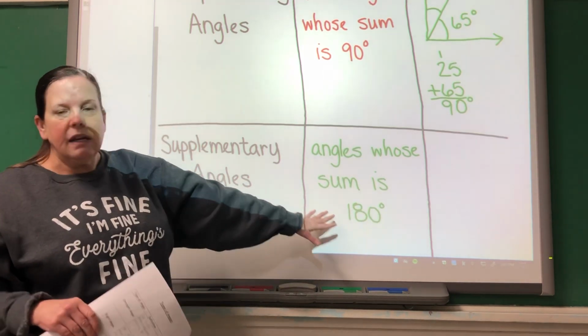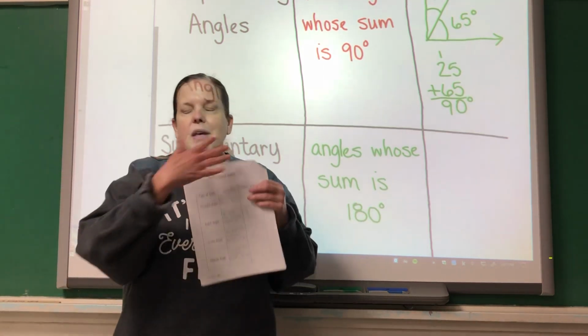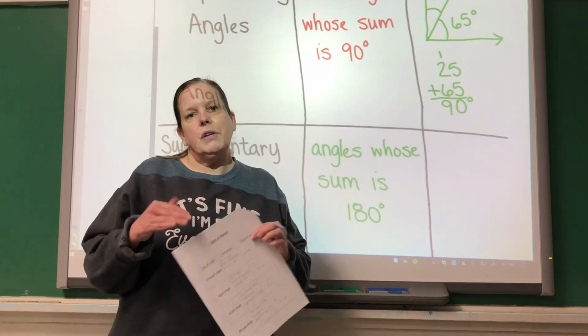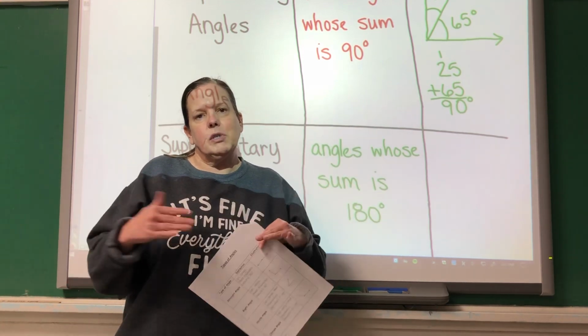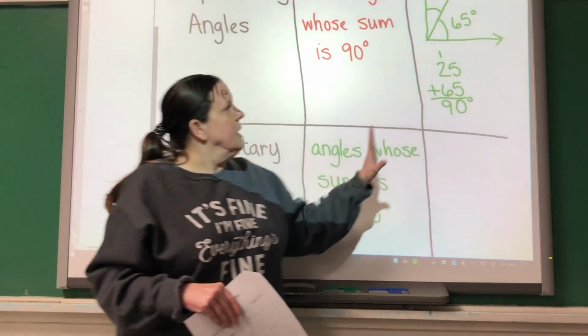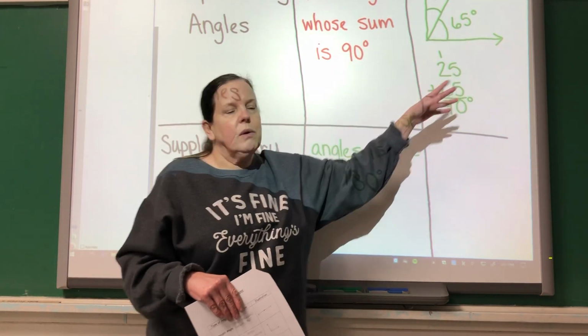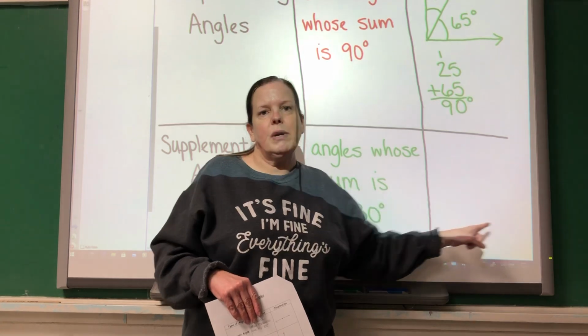And if you remember from the notes that we took on the 4 different types of angles, if it is a straight angle, it measures 180 degrees. So instead of making a right angle, it's going to make a straight angle.